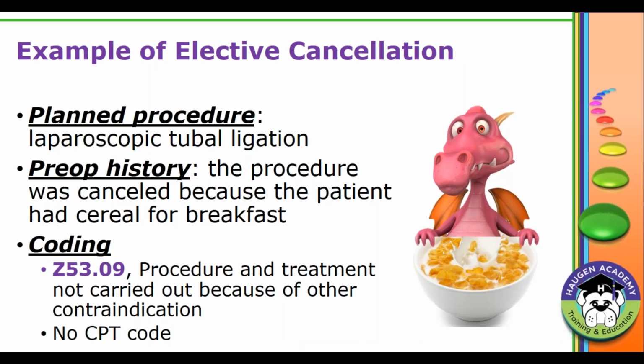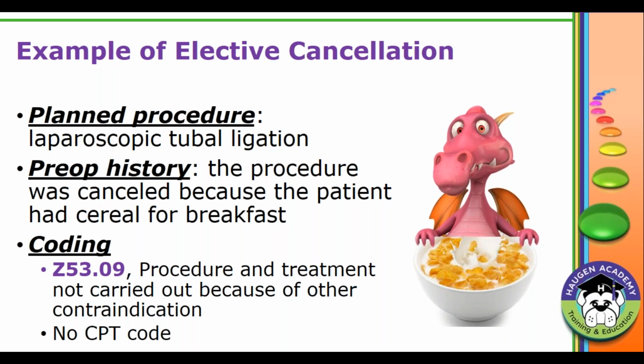So let's look at a couple of examples. An example of elective cancellation. We've got our little pink dragon here who's come in to have a laparoscopic tubal ligation. Oh, she's a girl. I guess I should have guessed that because she's pink. The problem is she had some cereal for breakfast, and you can see she's got a big old bowl of cornflakes there.